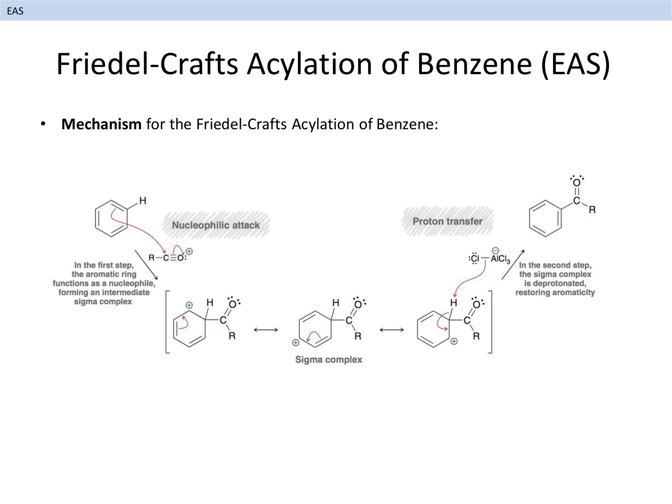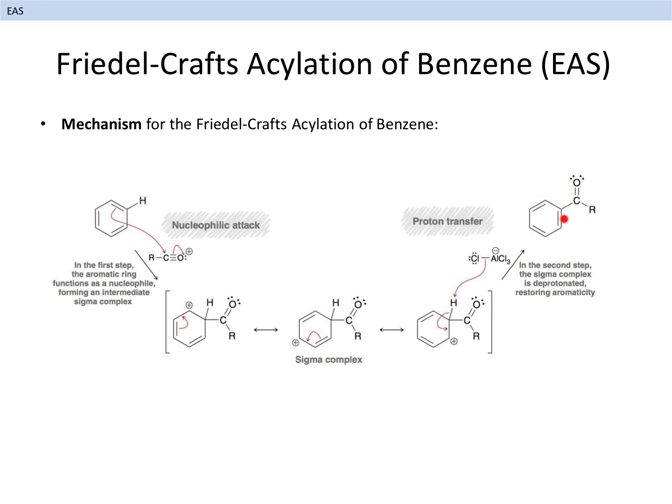Following the nucleophilic attack, the reaction proceeds to the proton transfer step. The sigma complex undergoes deprotonation, where a proton is removed from the carbon atom that formed the new bond with the acylium ion. This loss of a proton helps restore the aromaticity of the benzene ring.